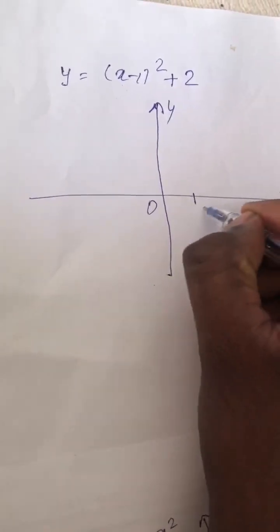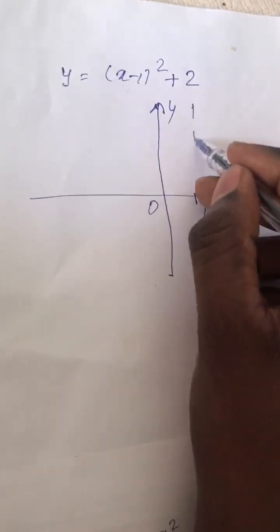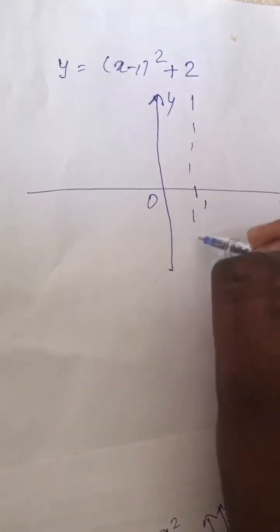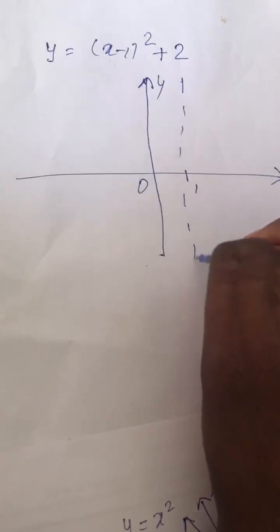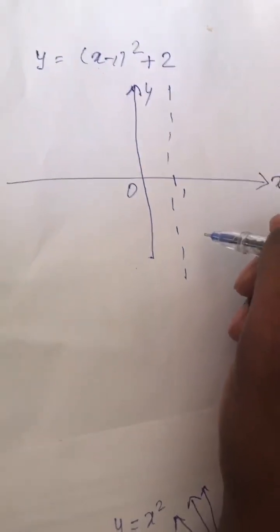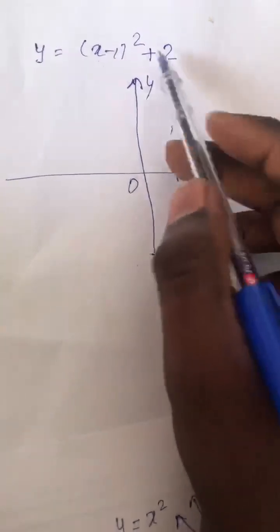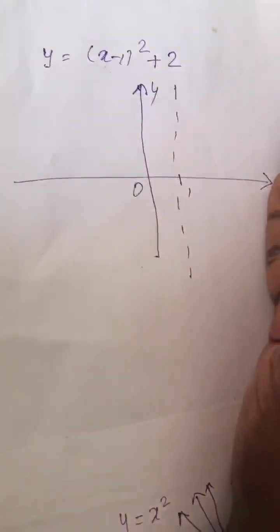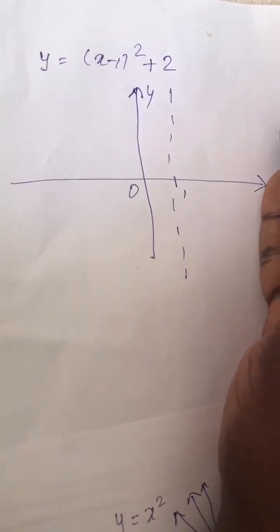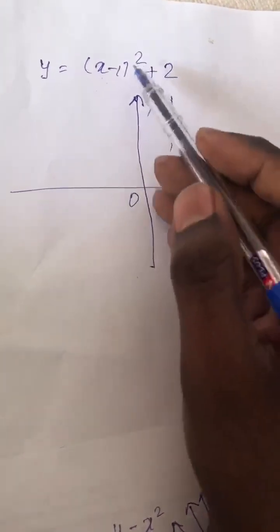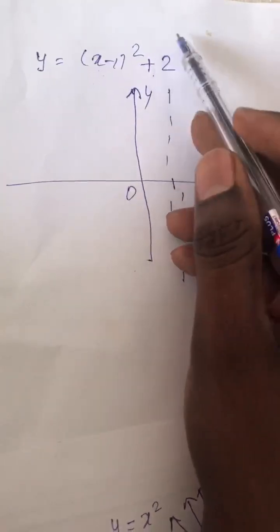So the equation of symmetry is 1. So this is the symmetrical line. All right. Then this is the horizontal shift. Now we consider the vertical shift.